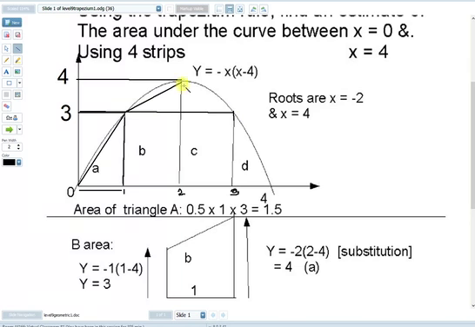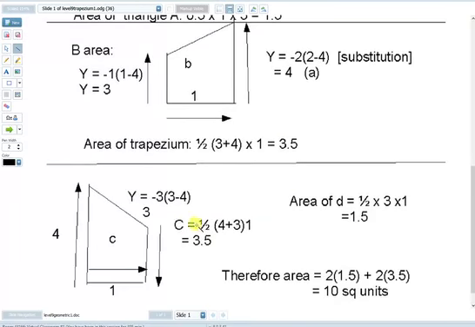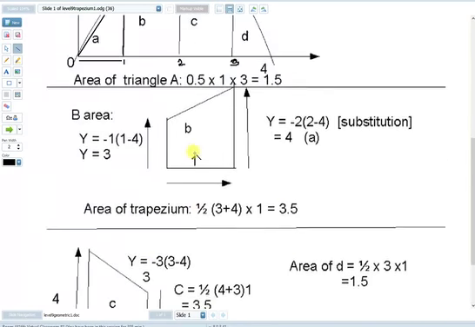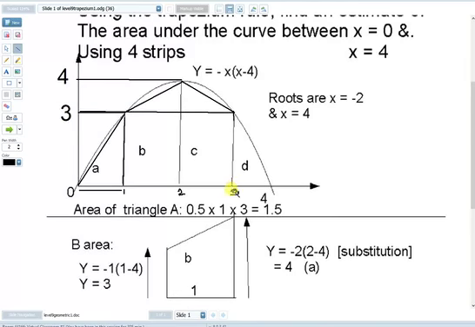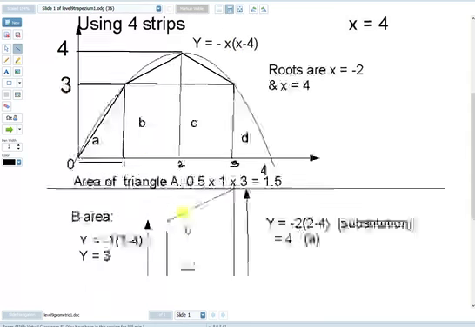Our next trapezium is this one here. You've got 4 as this height here, and 3 as this height here. But again, you can check it against the y coordinate. We know that x is 3, and we're trying to work out the height, so we substitute the x coordinate into this formula, which again equals 3.